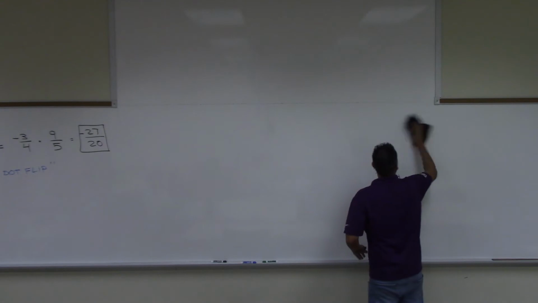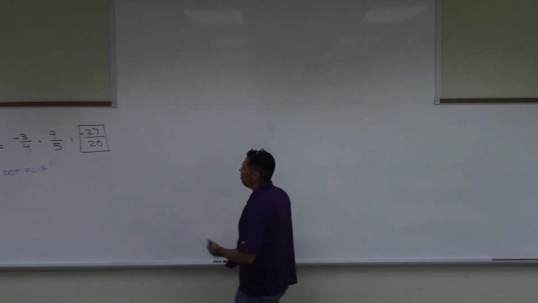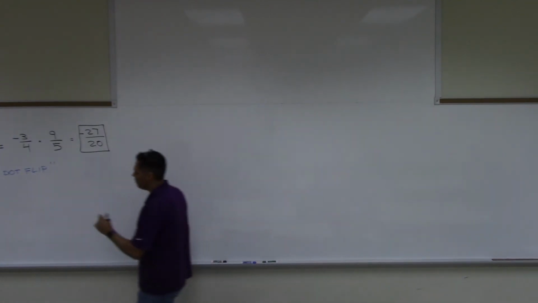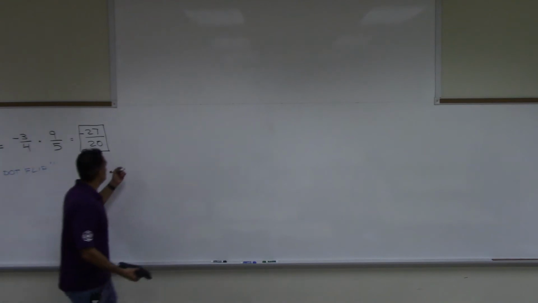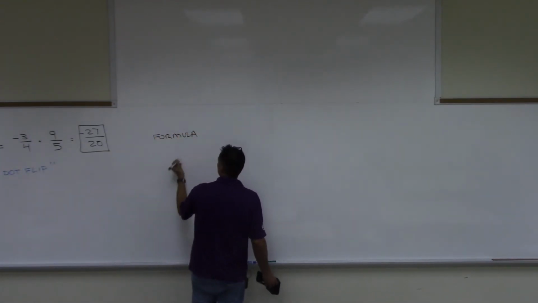All right, let's look at something else. How about, are y'all ready to move on? Oh, I didn't give you a formula, did I? Let me give you a formula. Some people just really like formulas, so I'm just going to give you the formula.